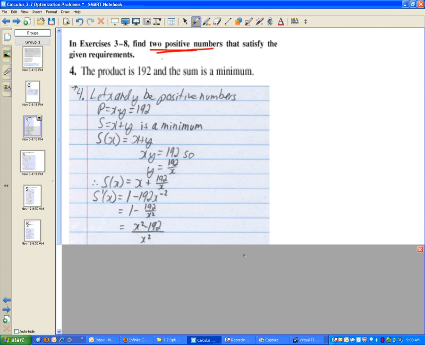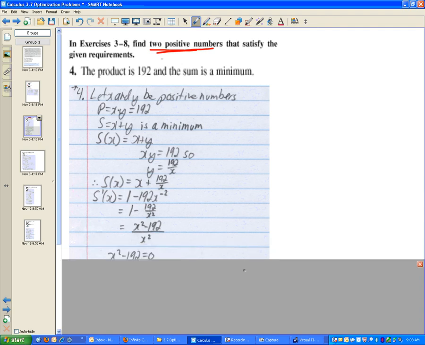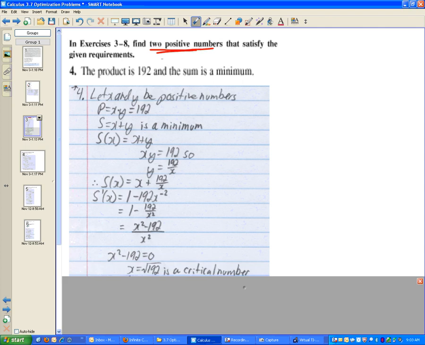So x can't be 0. It has to be a positive number. But where the numerator equals 0 is going to give us our critical number. So where x squared minus 192 equals 0 gives us our critical number. Technically, when you solve that, you'd get plus or minus the square root of 192, but it can't be the negative one.